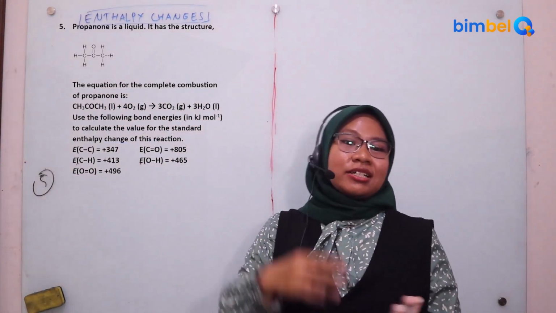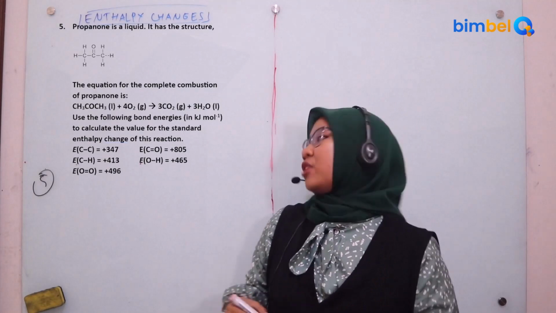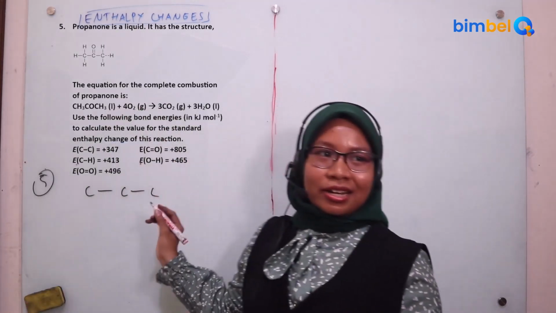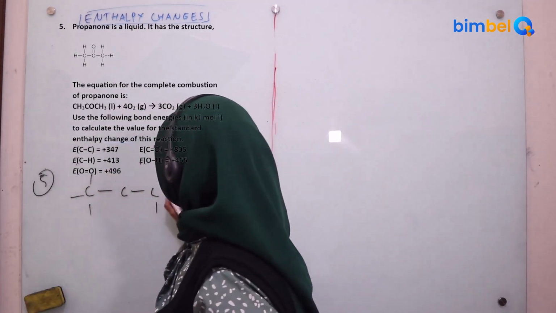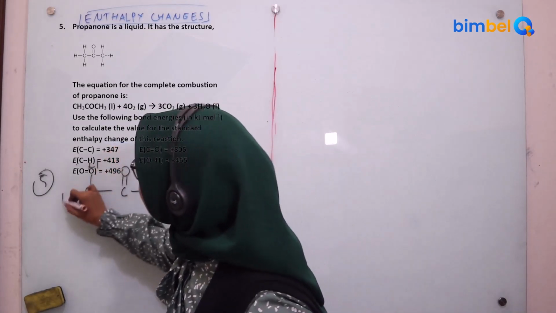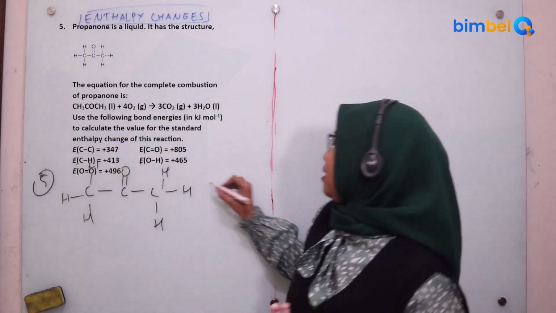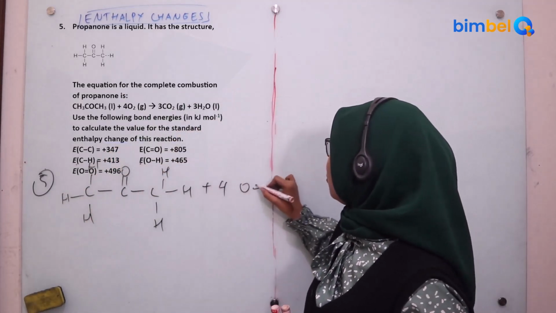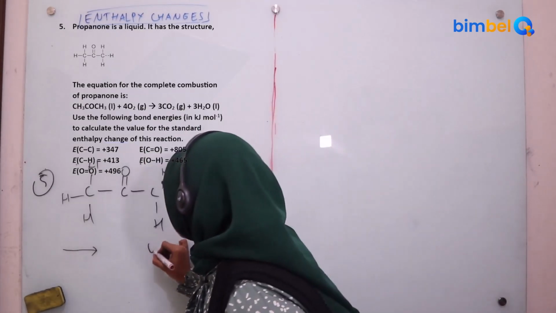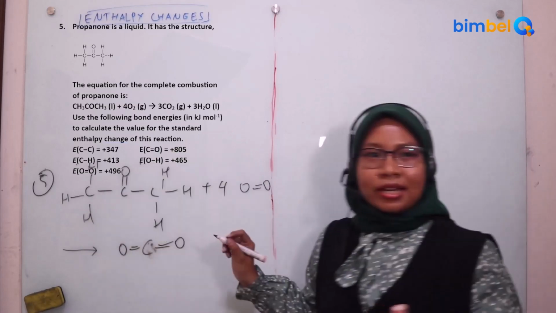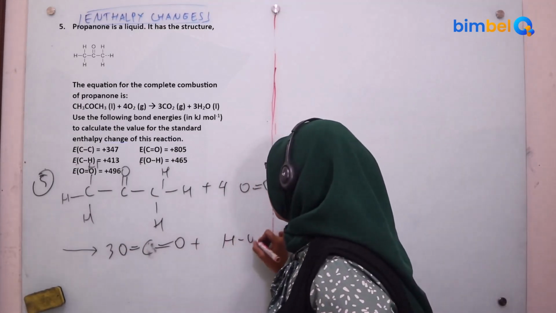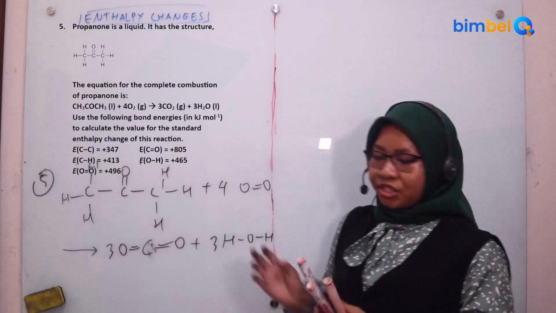So we start by writing down the reaction equation, with the compound plus 4 O2, to form the products 3 CO2 and water. Okay, now we have this reaction equation.